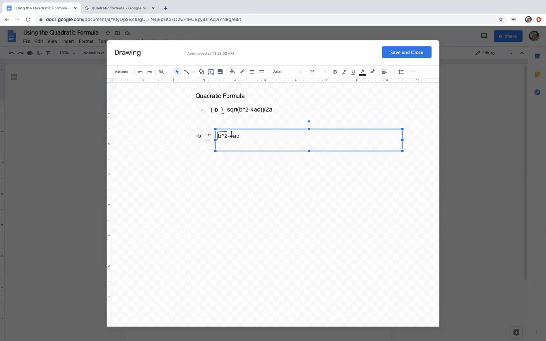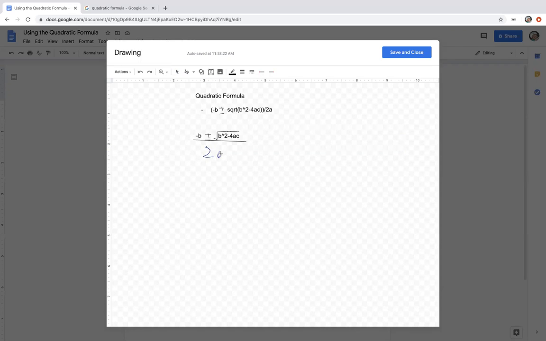That's all in the square root, so I'll just make the square root longer. And all of that divided by 2a. So that is the quadratic formula. Remember, there's two solutions, so there's a minus and a plus here.